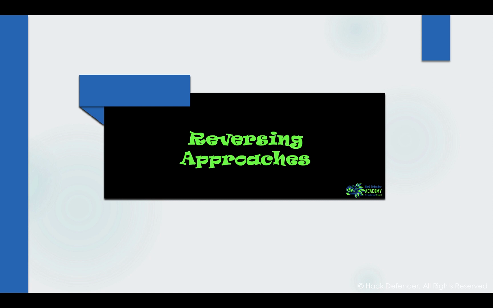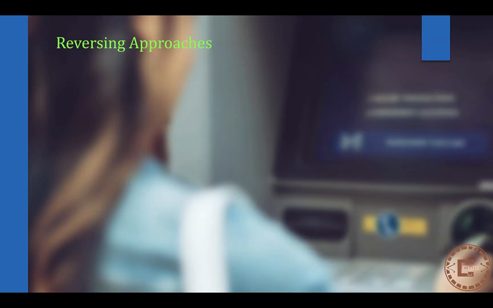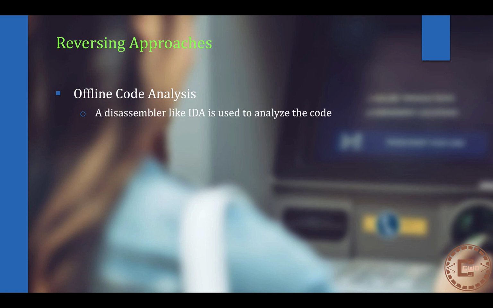Let's go with the reversing approaches. Okay, so how we can tackle the challenge of analyzing malware. First of all, is offline code analysis. This means pure reversing. Basically you will need to use tools like IDA Pro disassembler so that you can analyze code.